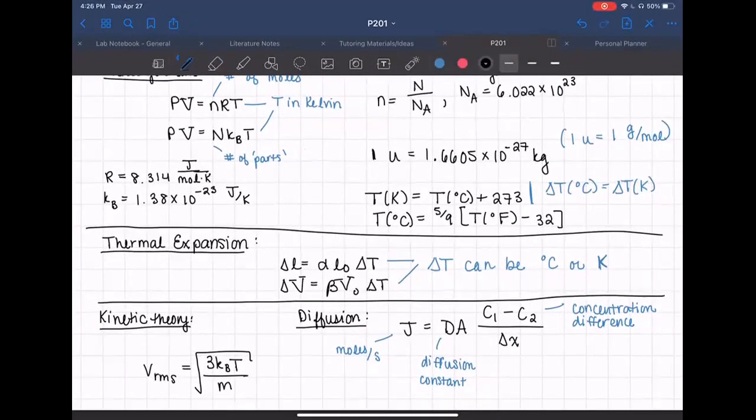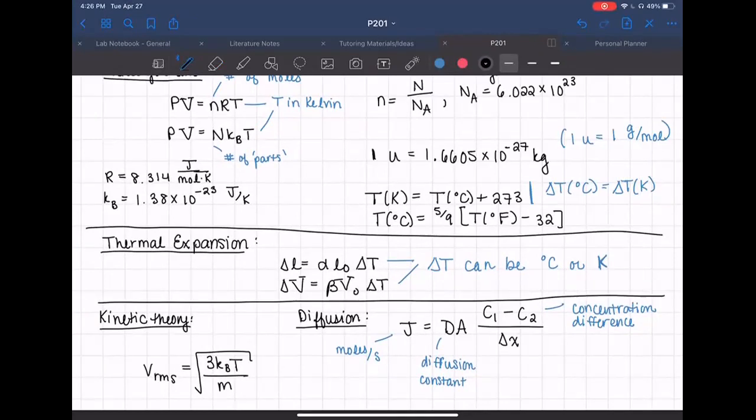And then the last two things that I have on this page is just the kinetic theory relationship between the fact that the temperature is this macroscopic description of a gas and it's based on the average speed of the molecules themselves. So that v_rms is the average speed of the gas molecules or whatever is moving, and that is related to the temperature of the gas.